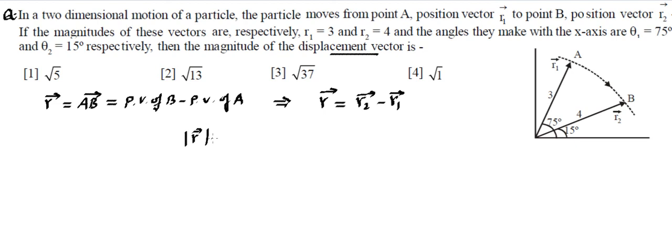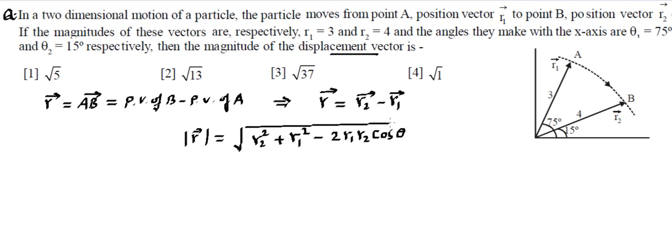The formula goes to the square root of, you remember that formula of difference, the first vector's magnitude square plus the second vector's magnitude square minus 2 times r1 r2 cos theta, where this theta is the angle between the vectors r1 and r2.